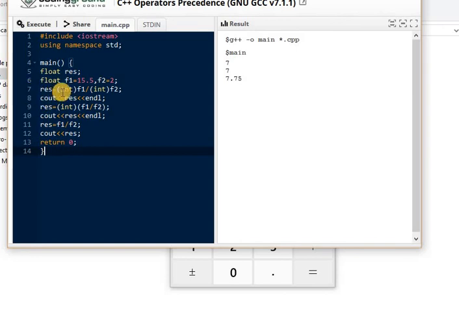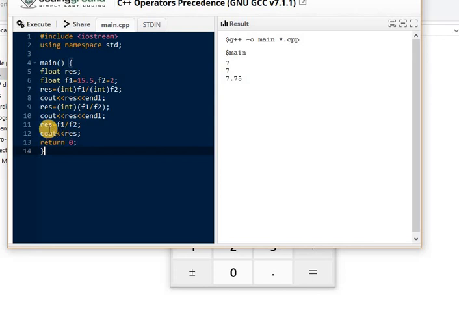But with both integer values the answer remains 7. Now integer f1 divided by f2, that is 15.5 divided by 2. So the value is a float number but it is again converted into integer. So the value of this will also be 7.